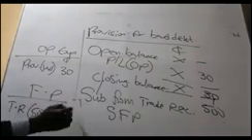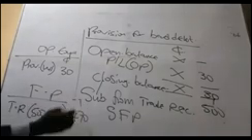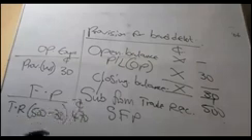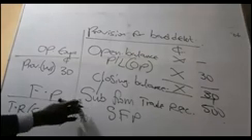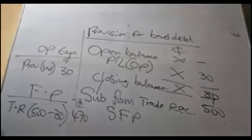So here we got 470 Ghana cedis. This is how we are going to record it in the books.